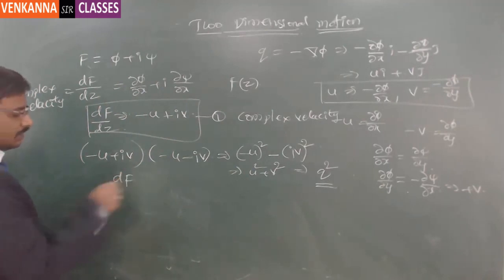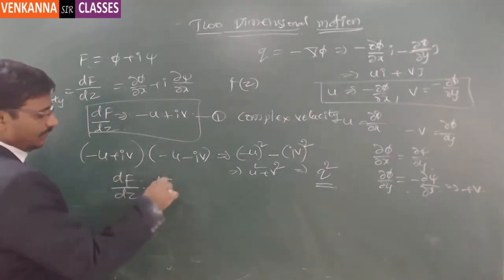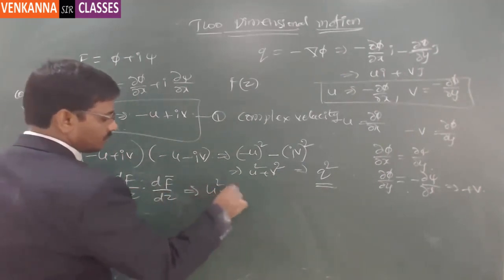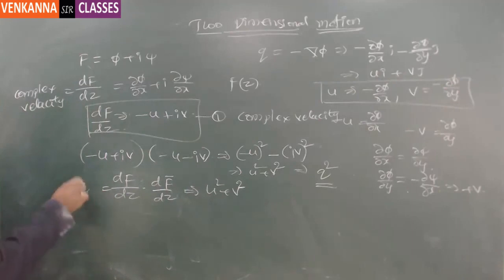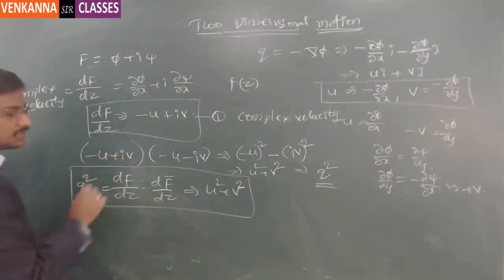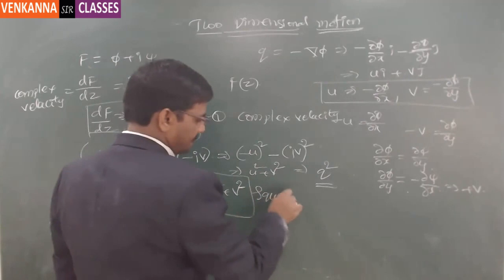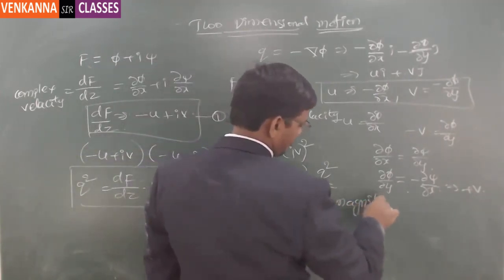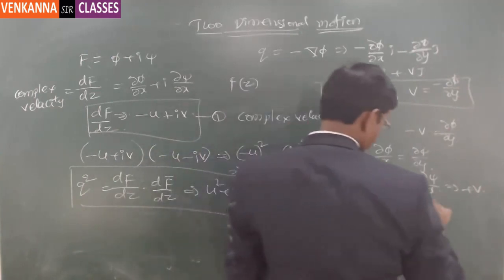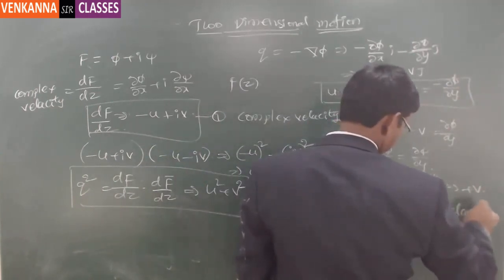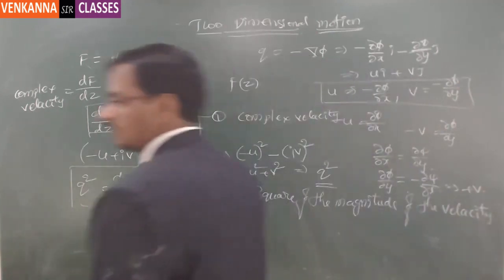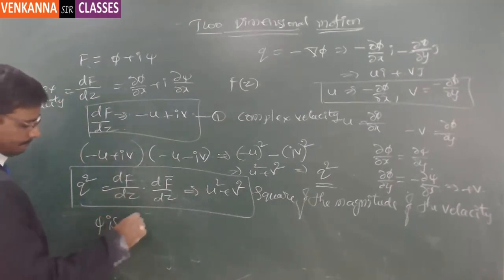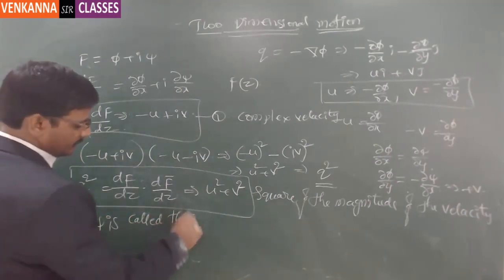This can be written as df/dz into df bar/dz, which is u square plus v square, expressed as q square, the square of the magnitude of the velocity. And ψ is called the stream function.